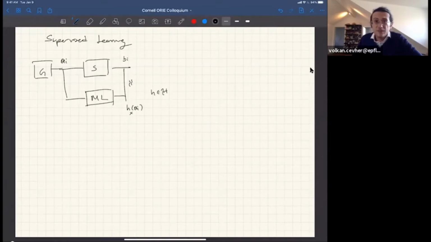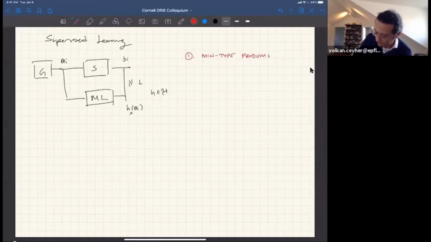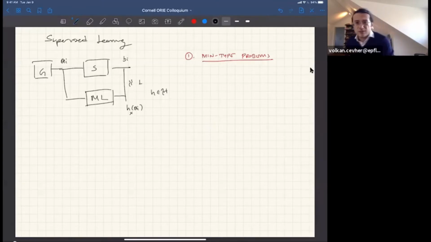For this, we typically pick a loss function. And then we write down optimization problems. One of the most important optimization problems is the min type problems. In this particular case, the classical approach of, let's say, risk minimization is the bread and butter.